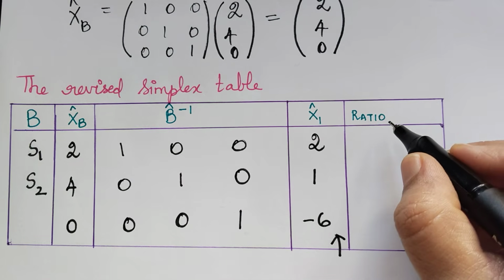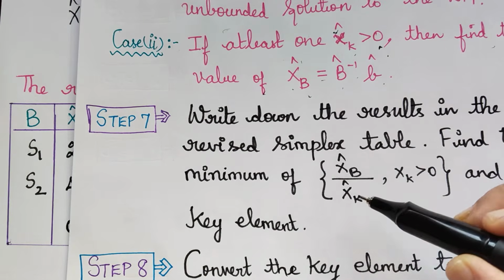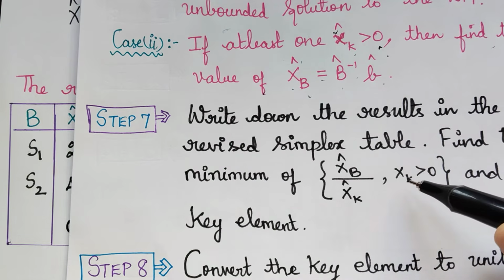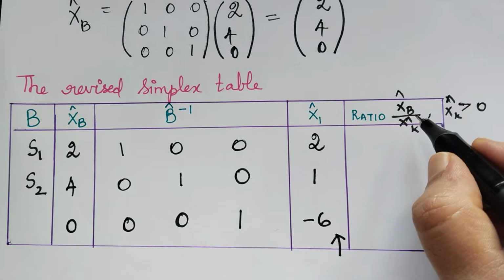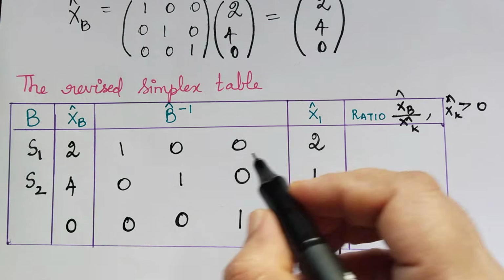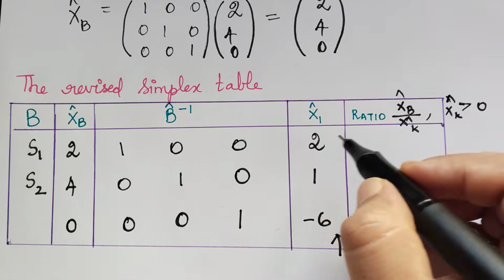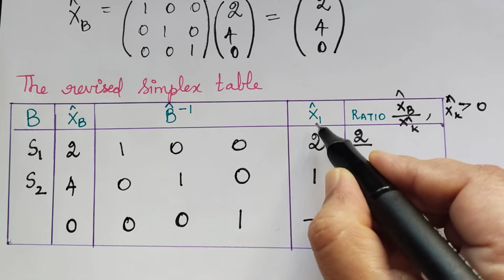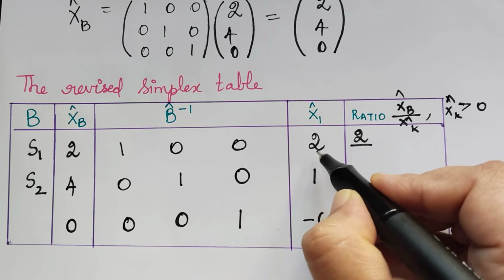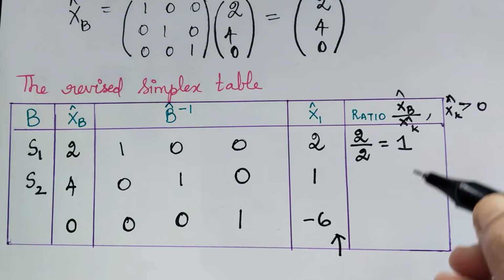So for that we have to find the ratio. So what is the ratio? The ratio is xb cap by xk cap whenever xk is greater than 0. So I have written that here. So now we have to find this ratio. For the first row, what is xb cap? It is 2. So 2 divided by xk cap, that is x1 cap here, k is 1. So that is 2 by 2, so that is equal to 1. So the first ratio is 1.